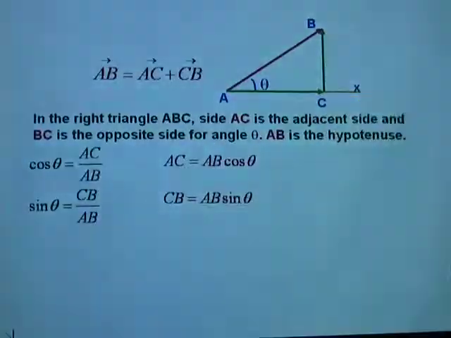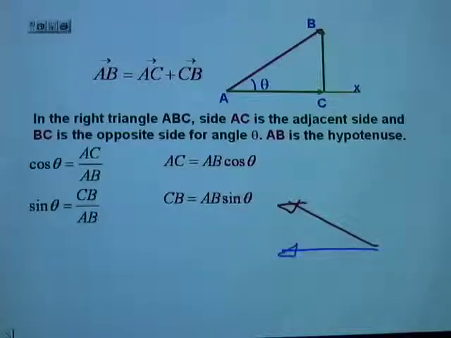For example, let me illustrate that with another example. Suppose this is my vector. What are its components? Its components are, that is the x component, and that is the y component. And let's mark the angle.